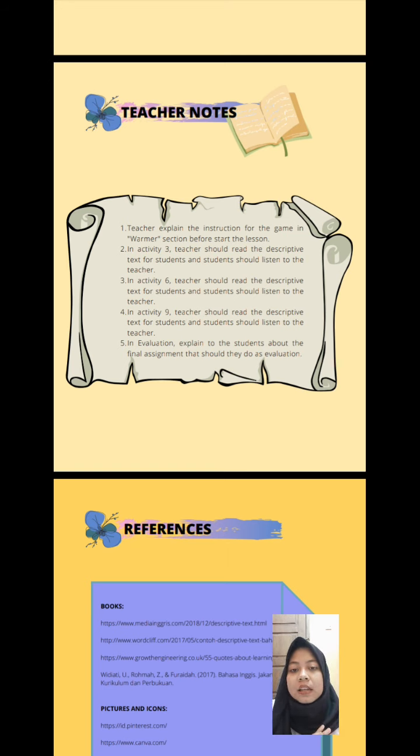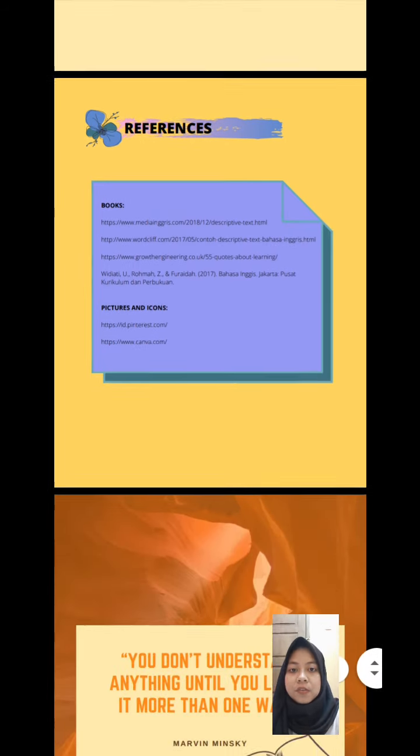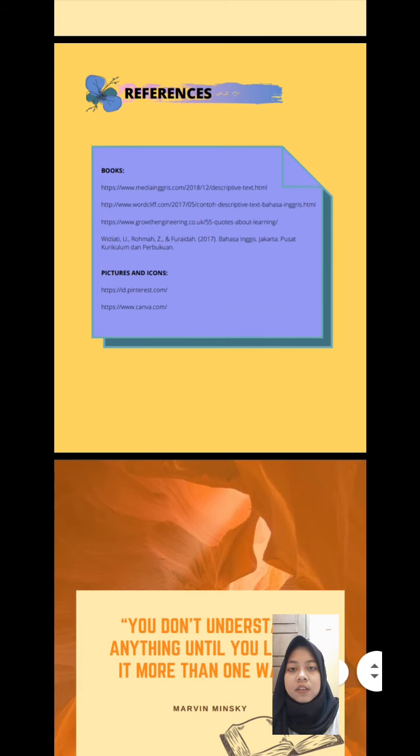And in the evaluation, teachers should explain more about what the students should do. After that, I also give the references here for my textbook. So the information in my textbook is based on the references here.